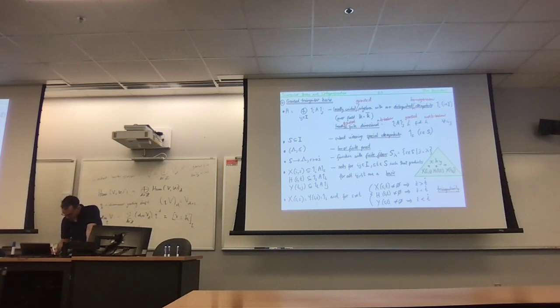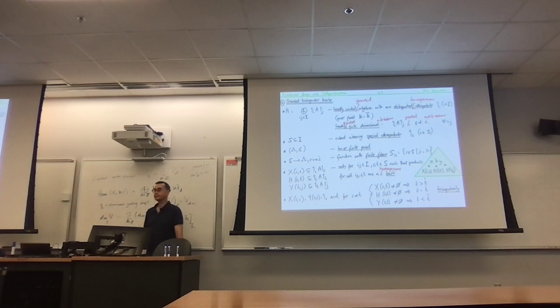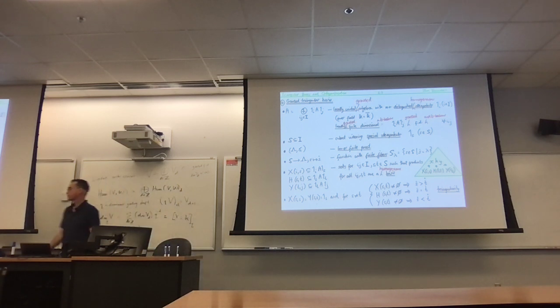I guess it's reasonable to insist that the X's, H's, and Y's are homogeneous now that they're elements of a graded vector space. So let's just say I want this to be a homogeneous basis. Whereas last time these sets of basis vectors in each weight were finite sets, these are now going to be infinite sets. But in each degree they're going to be finite, though there are infinitely many degrees, bounded below.